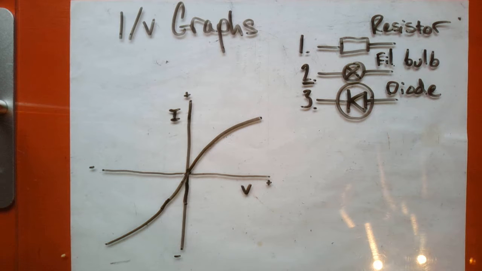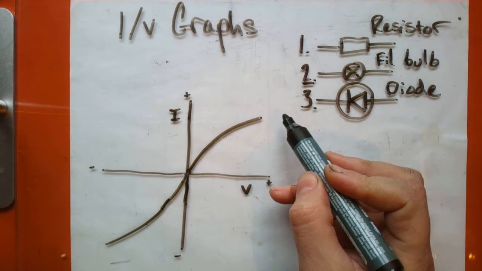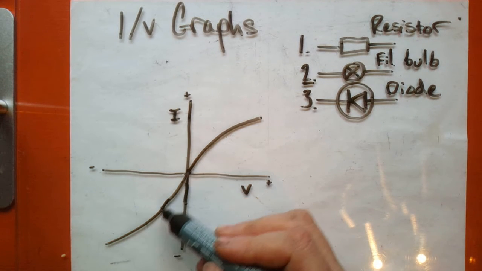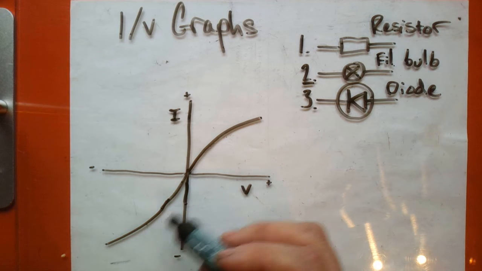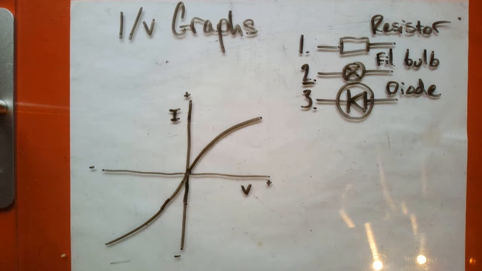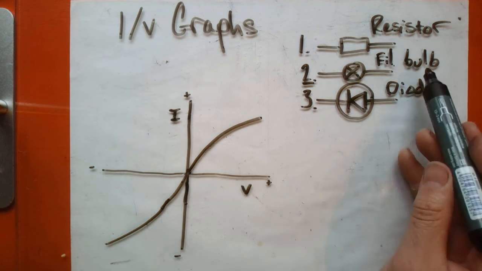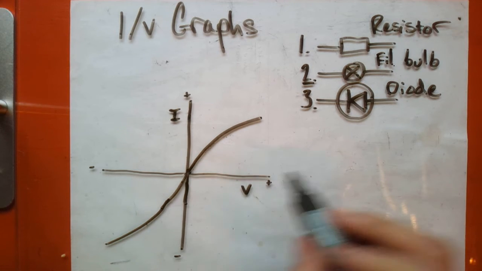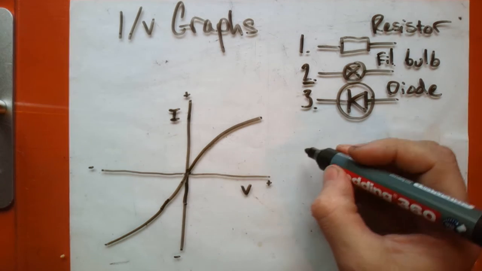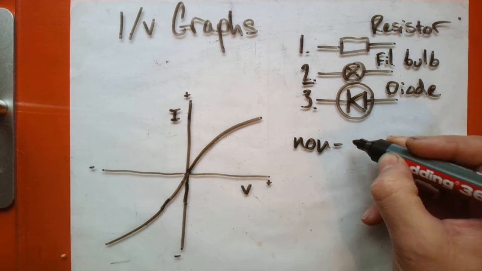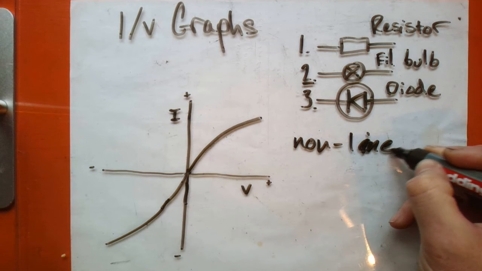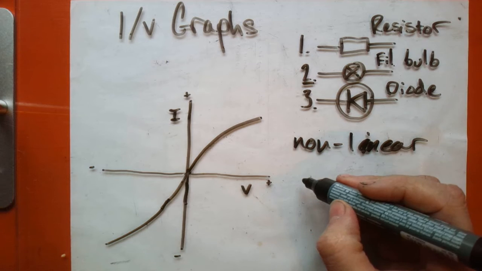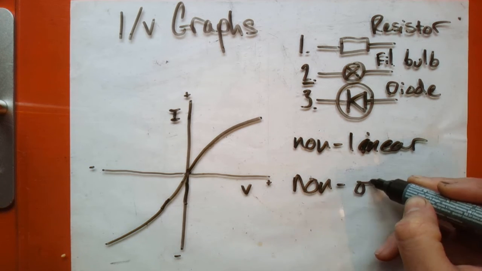In terms of its current voltage graph, it's got a slight curve to it this time. Because we've got the same shape on this side, it tells us that we can flip this filament bulb in either direction like we could for the resistor, and it will still work. However, because it's a non-linear relationship, it is not a straight line.